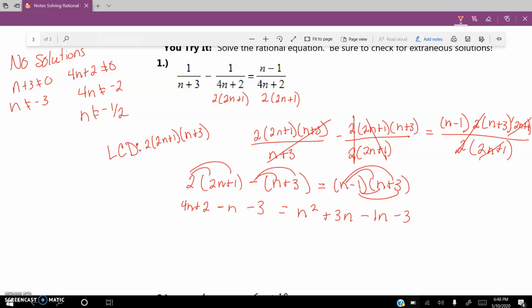Combine like terms. 3n minus 1 is equal to n squared plus 2n minus 3. Let's move these over to the other side. So this is equal to 0.